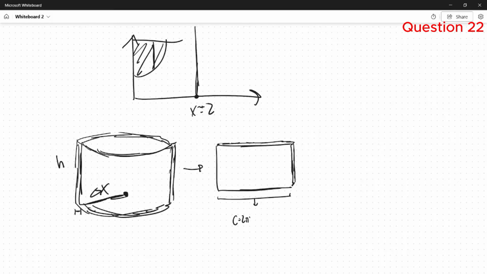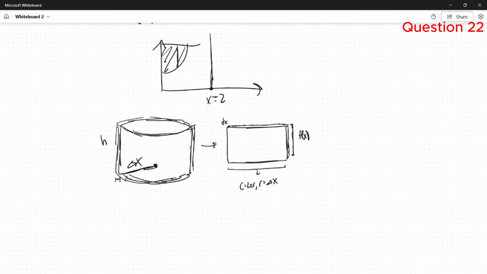C is equal to 2 pi r, but in this case, our radius is equal to delta x, as shown there. This side would be equal to the height of the shell, which we're going to say is f of x at each point x. And finally, the thickness of the shell will be represented as our differential dx.